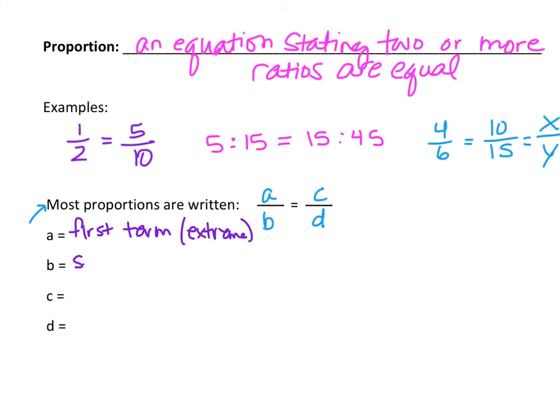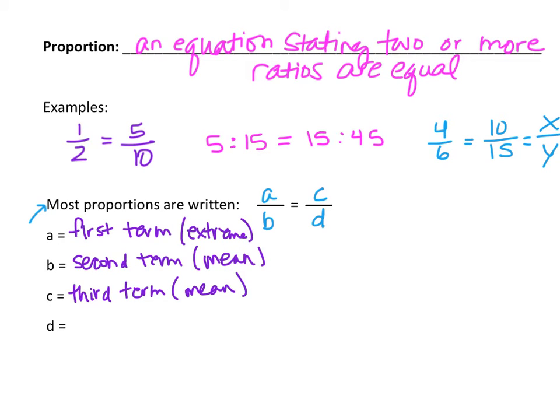B is our second term, and that one is a mean. C is the third term. That one is a mean. And D is the fourth term. And that one is an extreme.